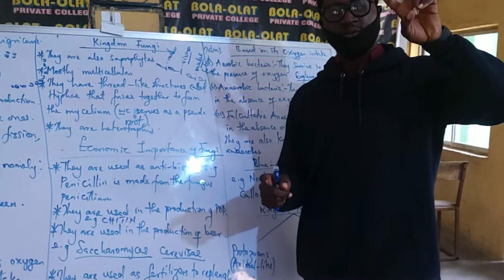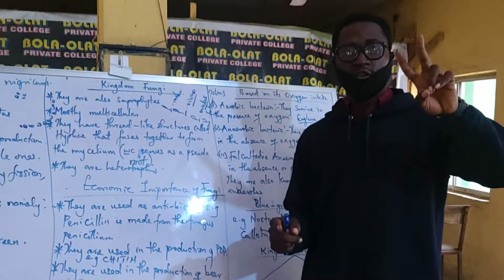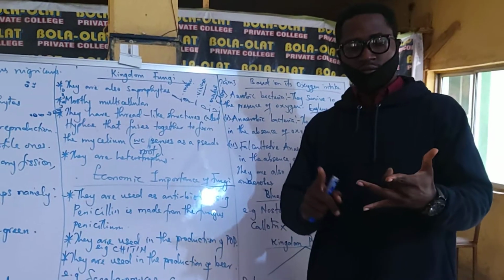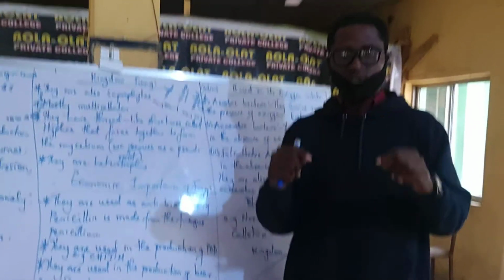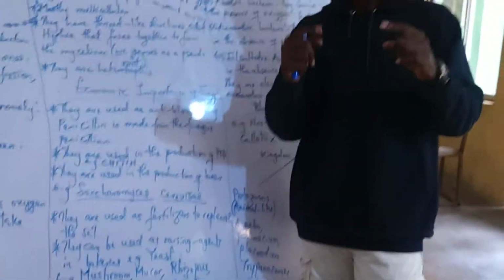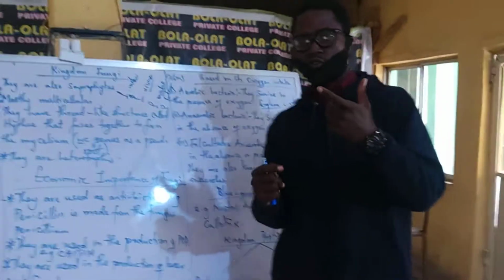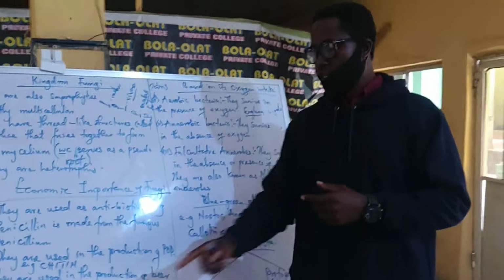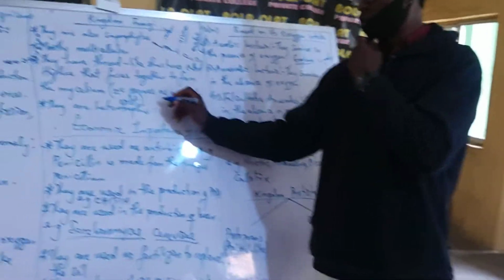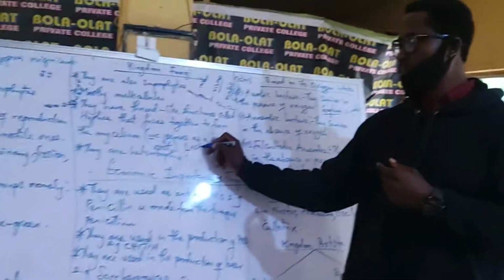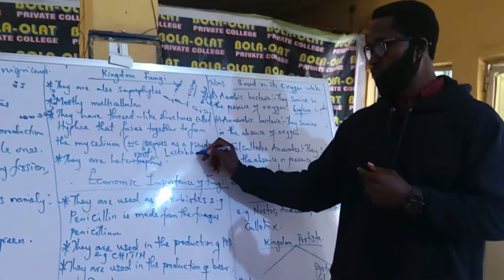Now there are two types of things we use in production of beer. If you look at your yogurt, if you look at your beer, if you go through the ingredients they use in making them, you will notice, for those of you that are very observant, that either they use this fungus called Saccharomyces cerevisiae, or they use a bacterium called Lactobacillus bulgaricus.